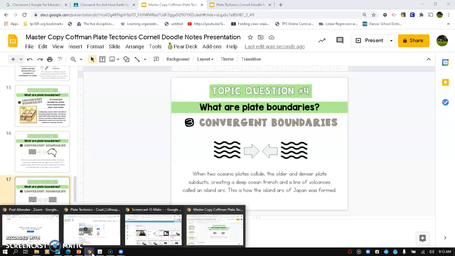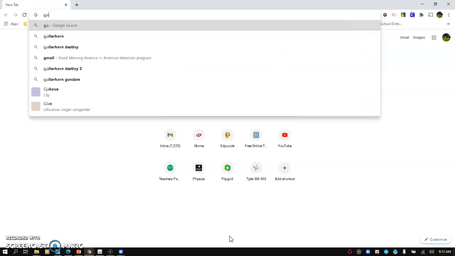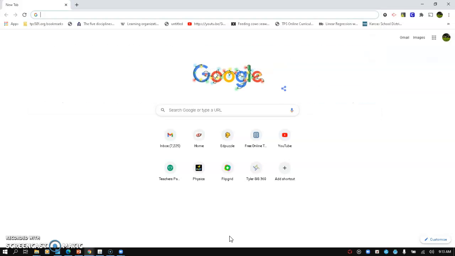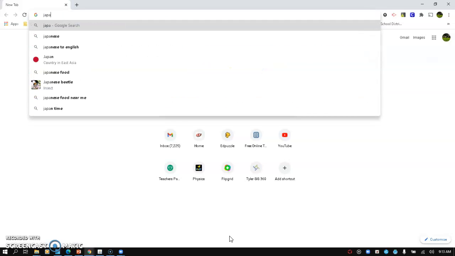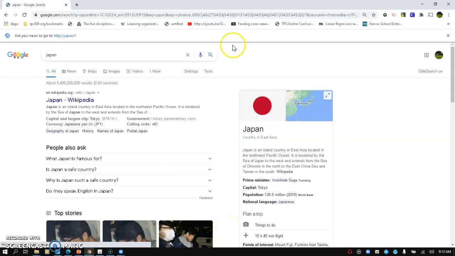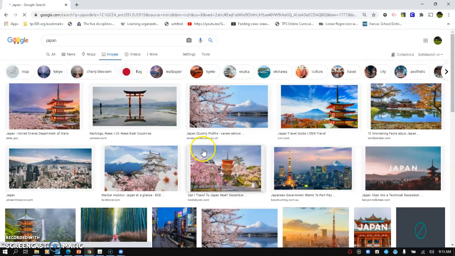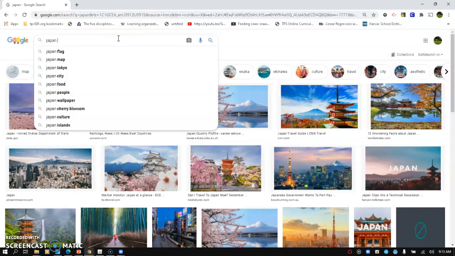So Japan, if you did not know, I have talked about it with my chemistry class with Fukushima, which is an island. I'll show you the island.